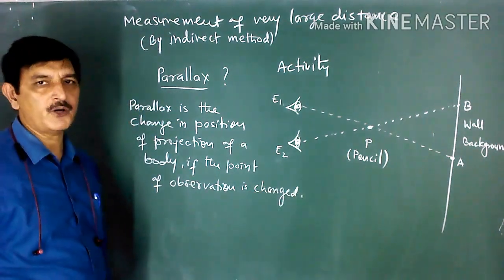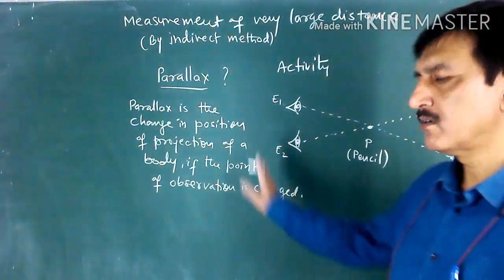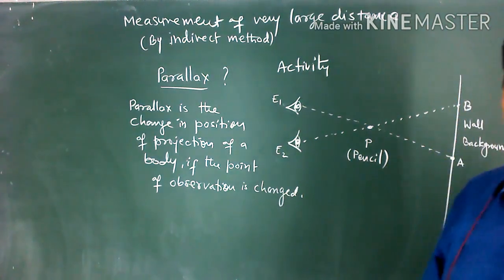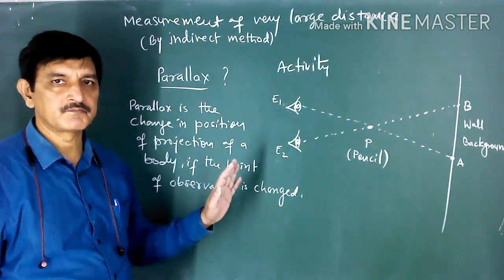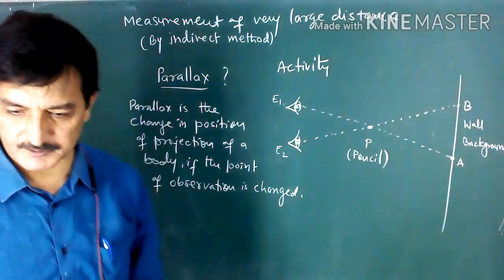This method is very useful in finding very large distances. So just by using this method, we will try to measure the distance of a planet from the surface of Earth.